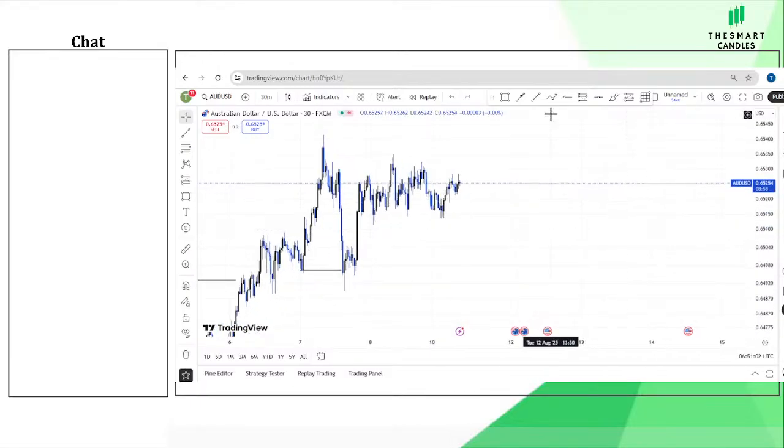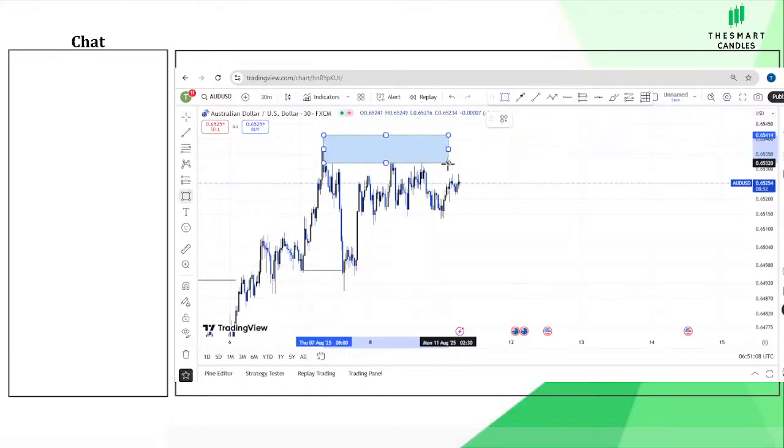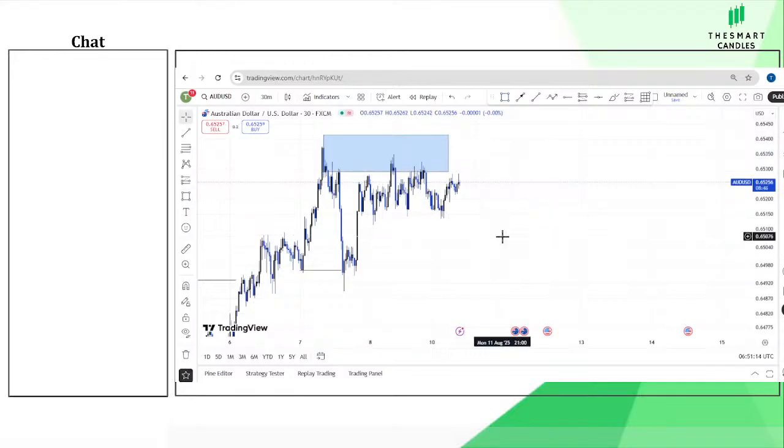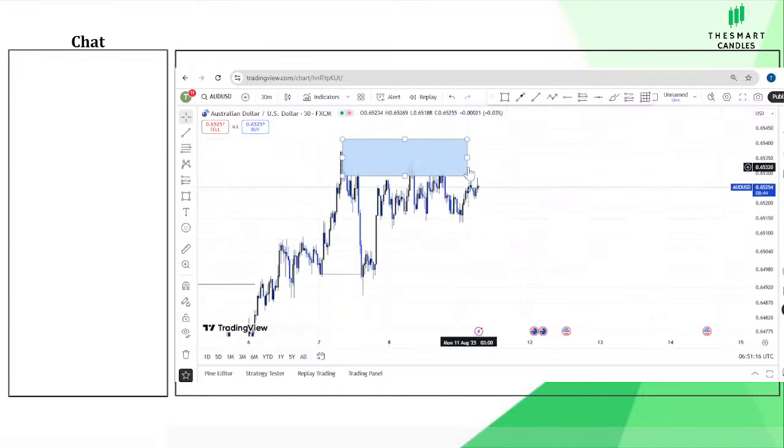So from 30 minutes, this is what we can see. I think this is why we are still having this bearish intent on this particular setup. Please wait a second.